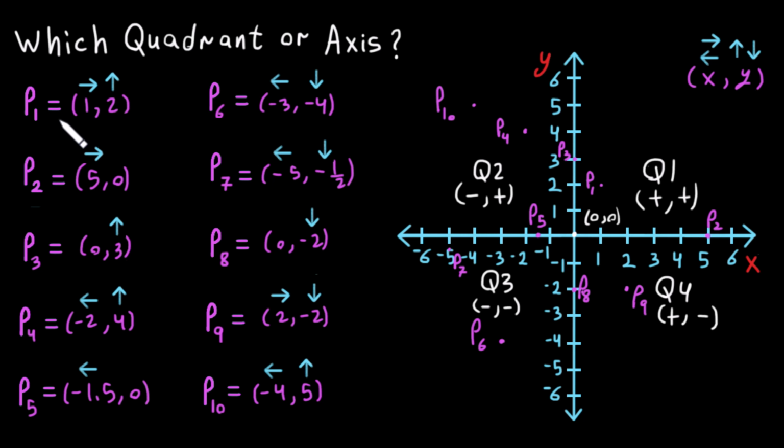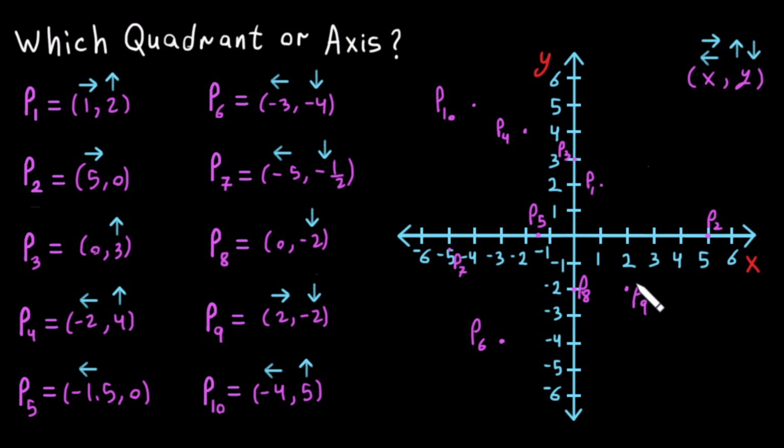Now, this point P1 is (1, 2), which is here: 1, then 2. It is in the first quadrant. For simplicity, I wrote it as Q, which means quadrant.